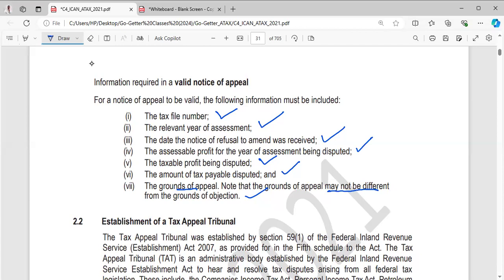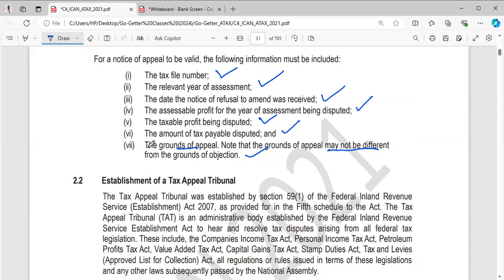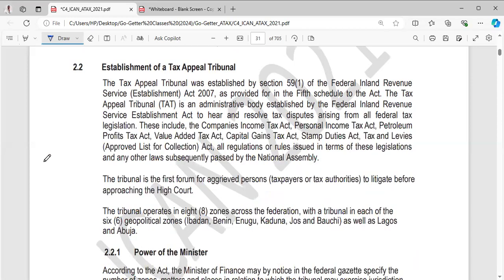Now let's take a moment to look at this tax appeal tribunal that you are appealing to. Who are they? What are they doing? All right. The Tax Appeal Tribunal was established by Section 59 of the Federal Inland Revenue Act, as provided for in the fifth schedule.